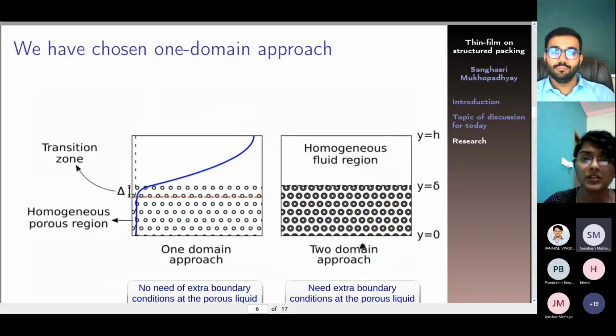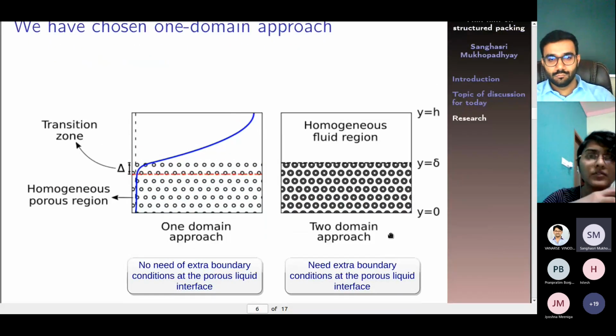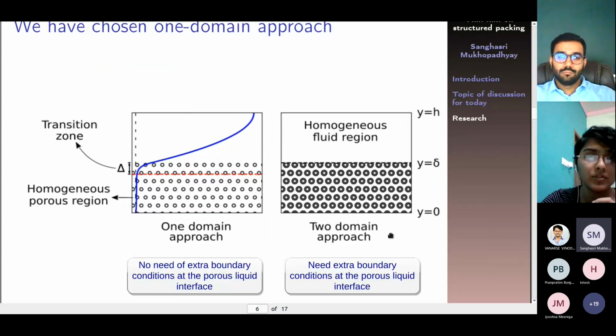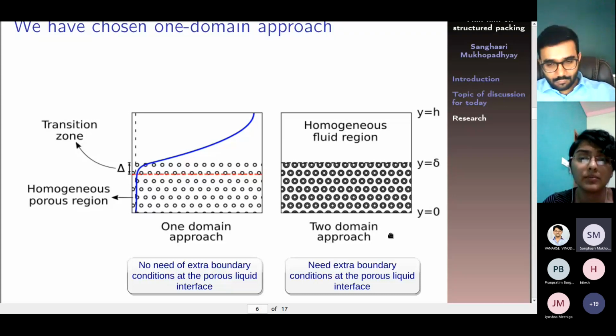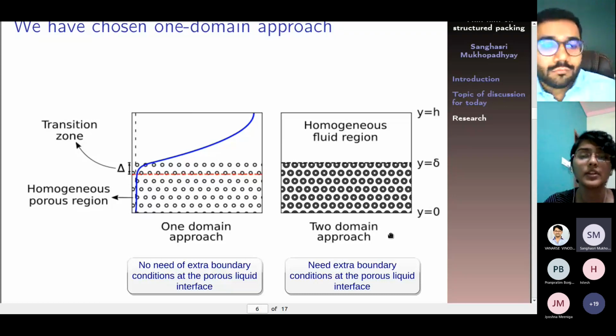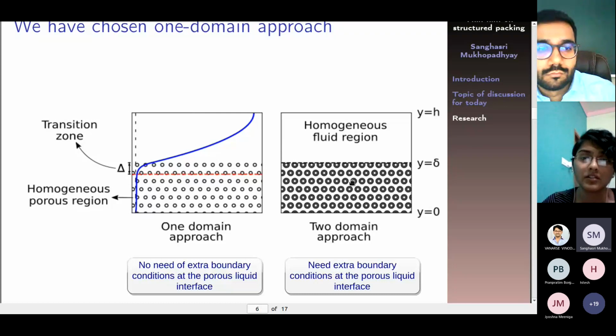Here, one thing I must say is that we have chosen an approach called the one domain approach. Normally when we study porous medium and thin film problems, we take the porous medium and use the Darcy-Brinkman equation, or sometimes Forchheimer's law, and for the liquid layer we use the Navier-Stokes equation.